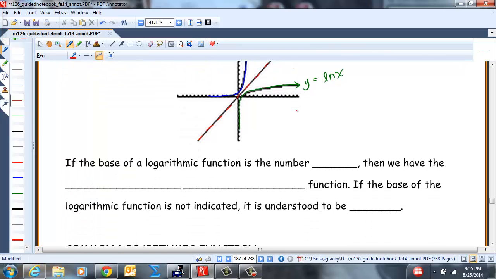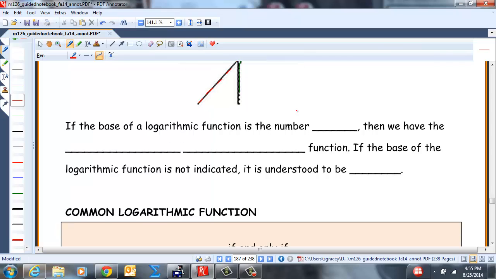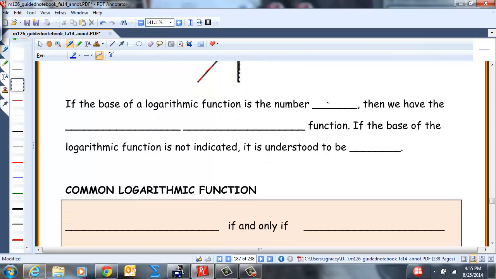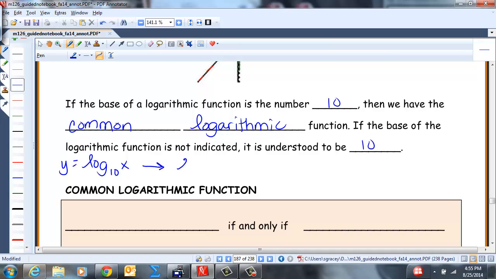All right, so if the base of a logarithmic function is the number 10, then we have the common logarithmic function. If the base of the logarithmic function is not indicated and you have a log, it's understood to be 10. So if you have y equals log base 10 of x, it's written as y equals log x.